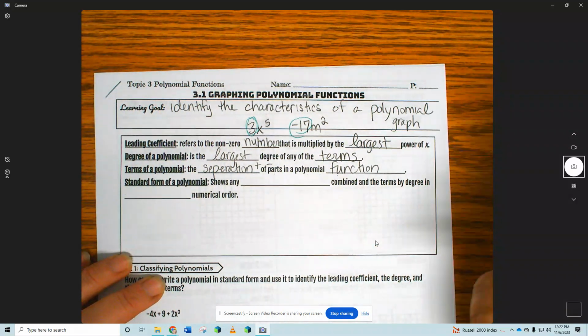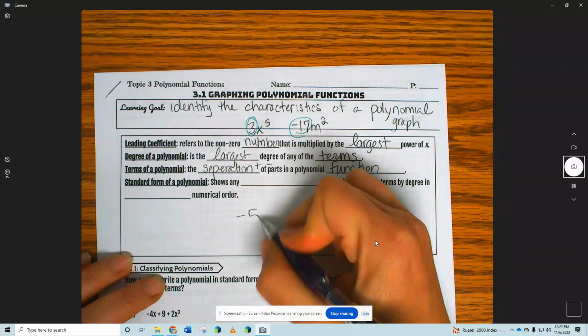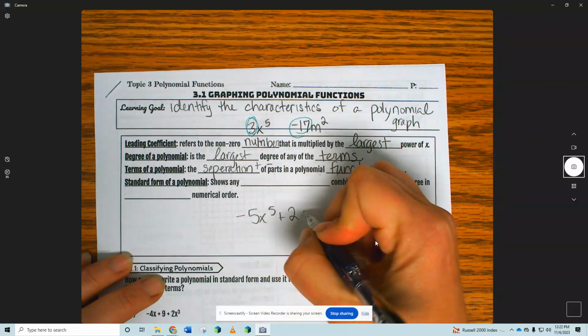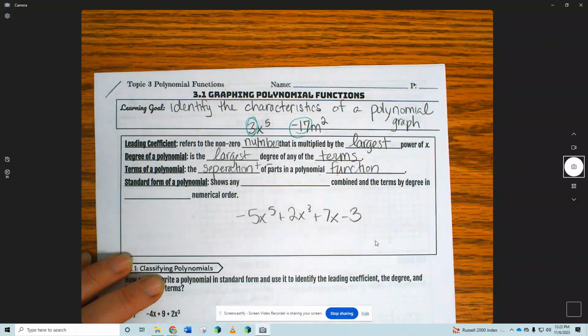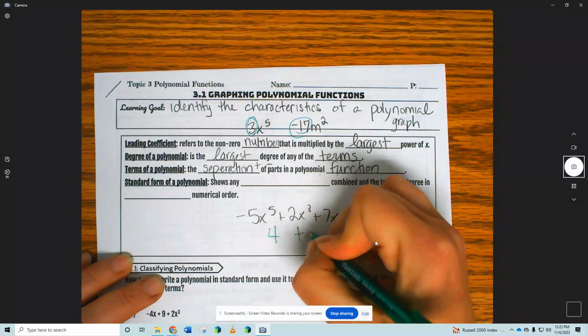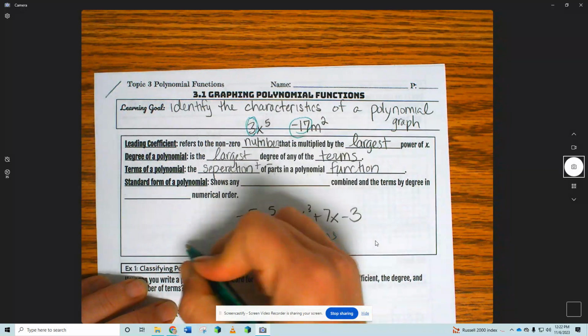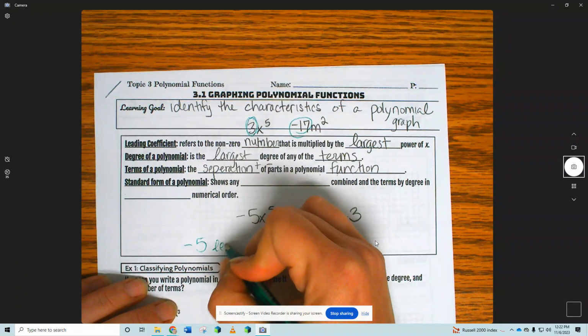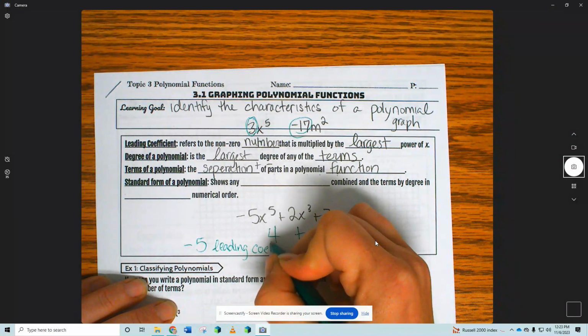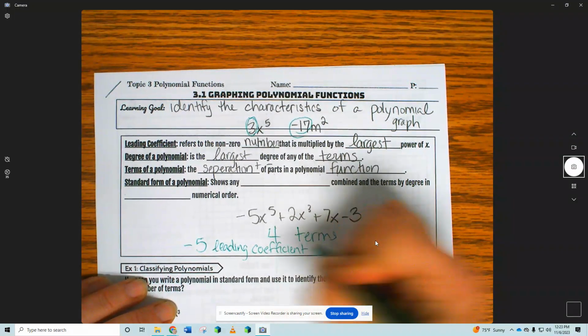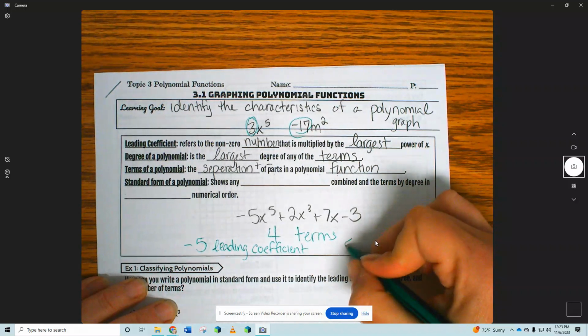So like for bell work, I gave you this problem. Negative 5x to the 5th plus 2x to the 3rd plus 7x minus 3. That has 4 terms. Negative 5 is the leading coefficient. And it's to the 5th degree.